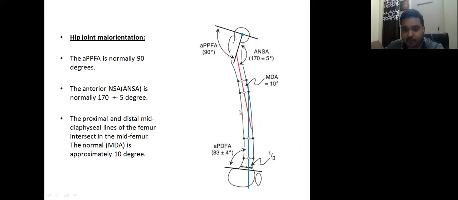As we know, the femur is not a straight bone in the sagittal plane; it has an anterior bow. The angle between the anatomical lines of the proximal and distal segments is normally 10 degrees. Anything larger than 10 degrees would be abnormal, and any angle deviating from the normal value will lead to deformity from that particular part.